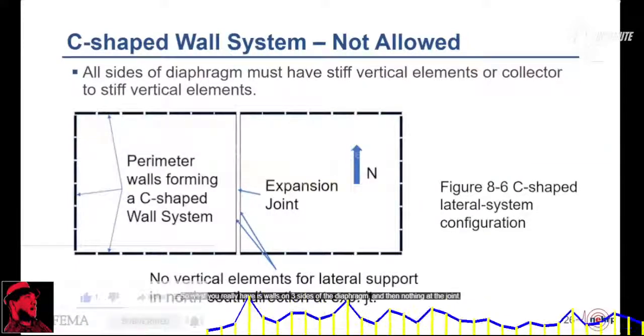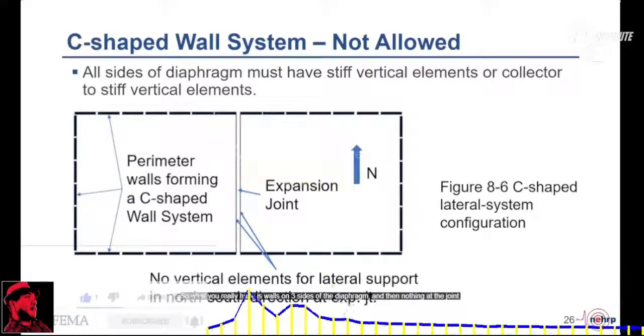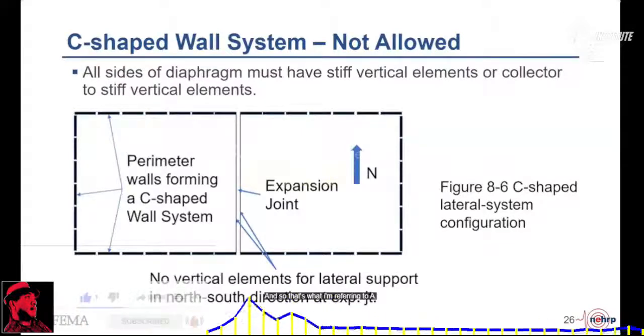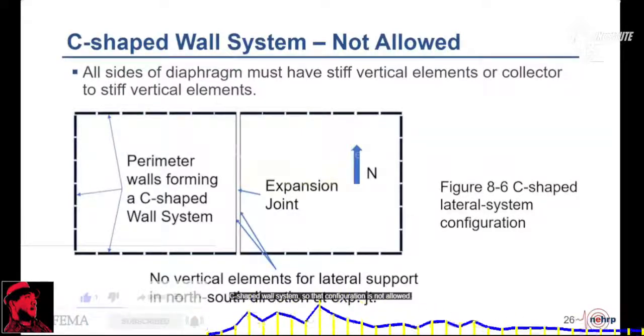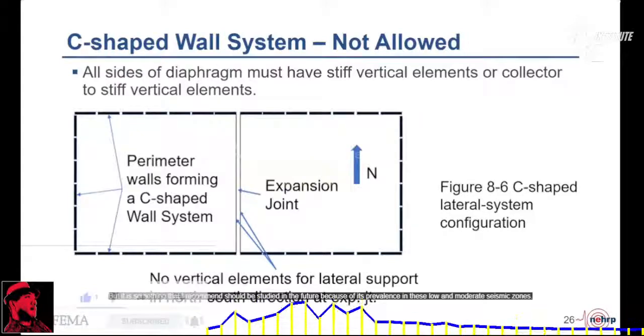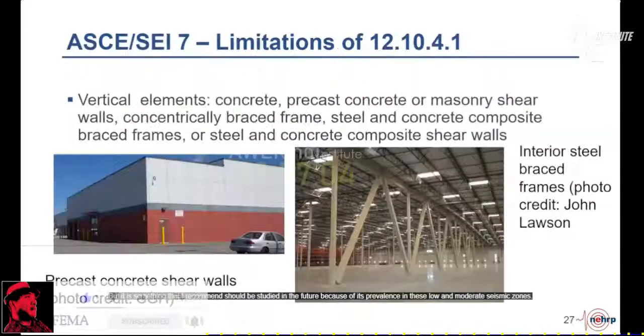So what you really have is walls on three sides of the diaphragm and then nothing at the joint. That's what I'm referring to as a C-shaped wall system. That configuration is not allowed, but I recommend it should be studied in the future because of its prevalence in these low and moderate seismic zones.